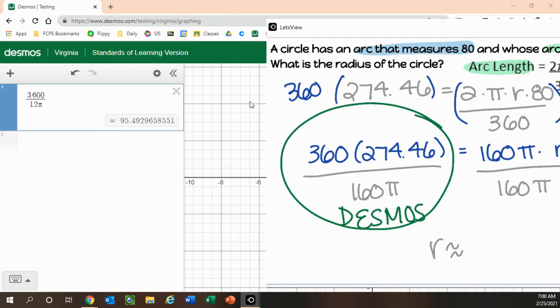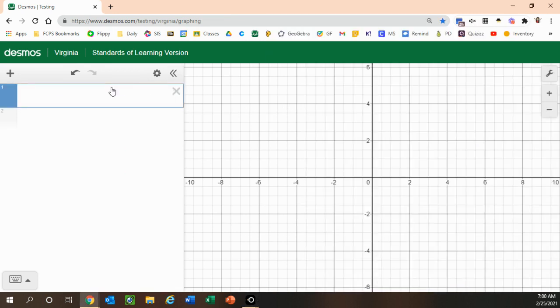So we had 360 times 274.46, all of that divided by 160 pi. Oh, that is a hefty radius.